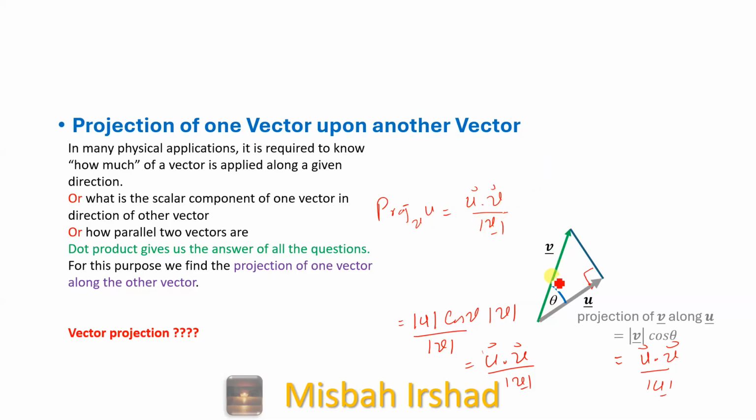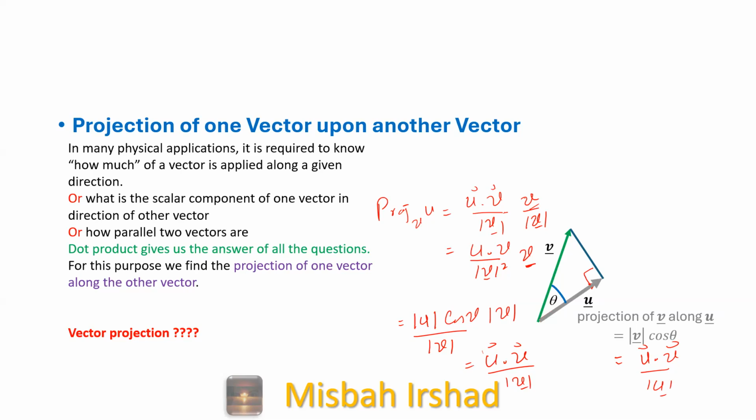We know that its direction is the direction of v. So in order to represent its direction, we have to have the unit vector in the direction of v. So this is the unit vector. When you take its magnitude, this will not affect the value. Or you can write it as u dot v divided by v magnitude square, times v. So this is the vector projection of u on v.